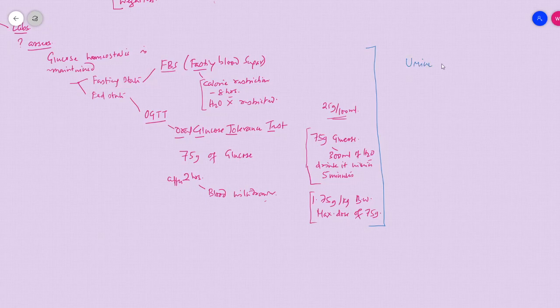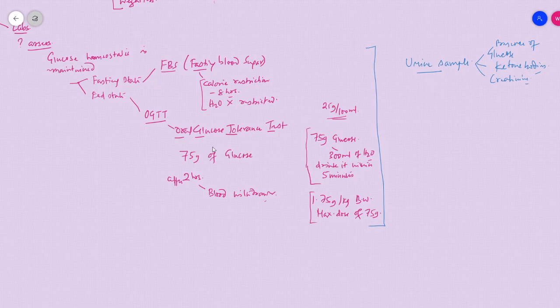A mid-catch urine sample is taken and subjected to testing for the presence of glucose or ketone bodies. Predominantly we're checking for this, but creatinine can also be checked. The creatinine clearance will give us an idea of the renal status of the patient.